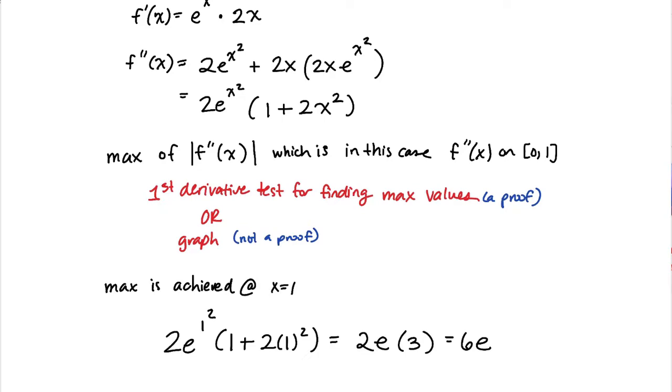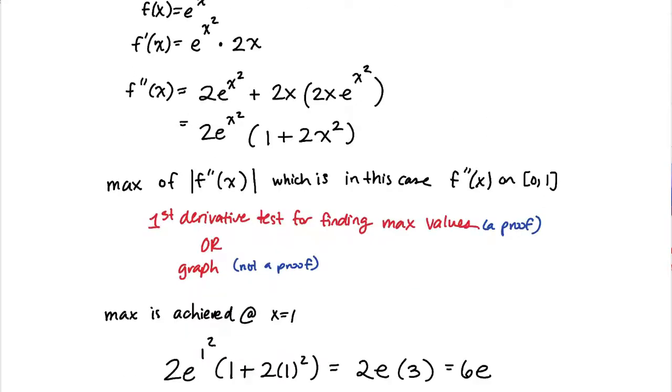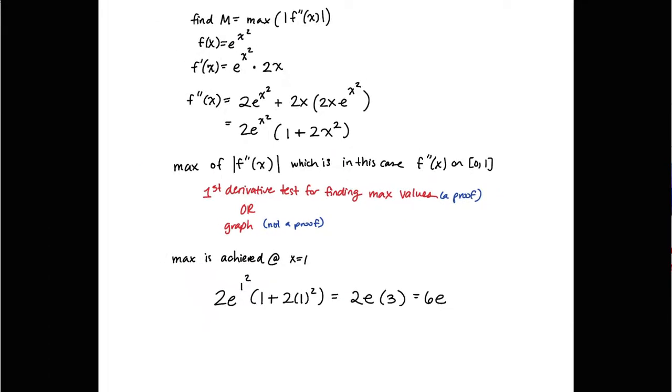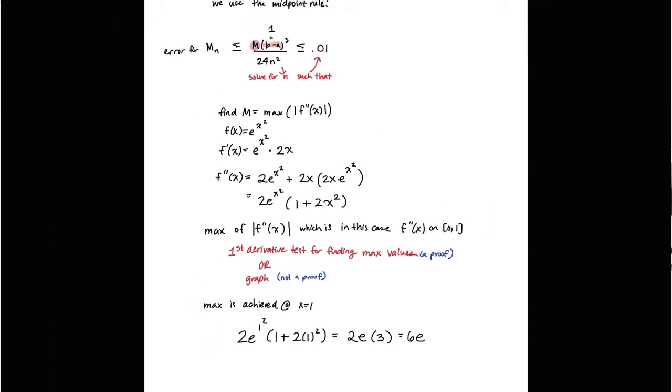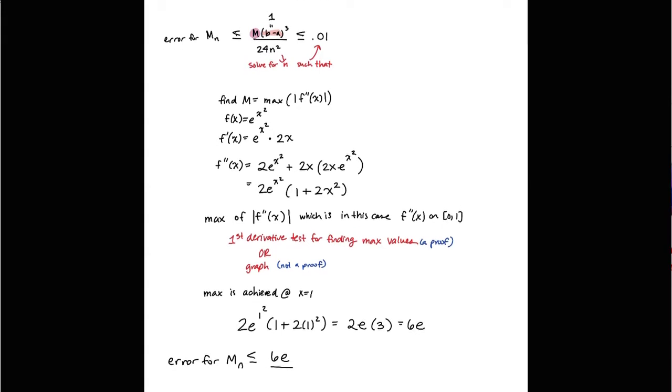Okay, so filling that in for M, we have the error for our M sub n is going to be less than or equal to 6e times 1 cubed over 24n squared.